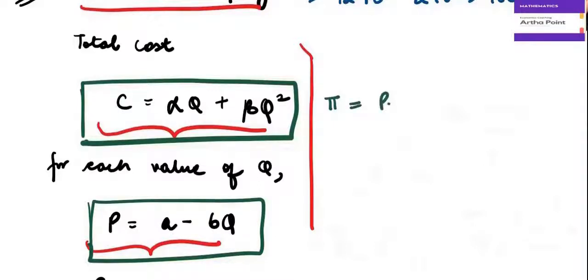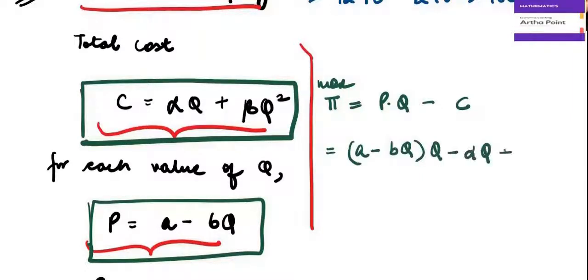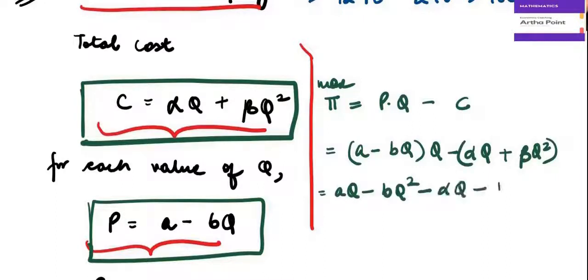So price into quantity is your revenue minus cost, and you want to maximize this. So price is A minus BQ, quantity is Q, cost is alpha Q plus beta Q square. So this gives you AQ minus BQ square minus alpha Q minus beta Q square.